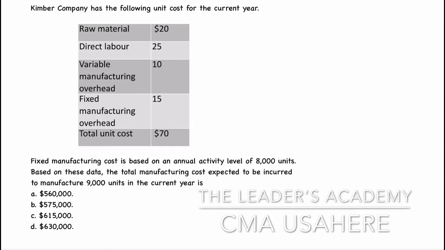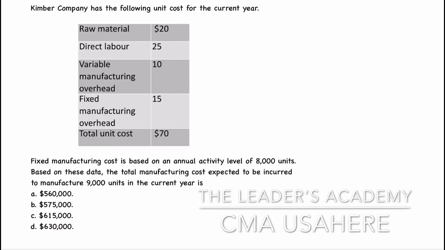Kimber Company has the following unit cost for the current year. Raw material $20, direct labor $25, variable manufacturing overhead $10, fixed manufacturing overhead $15, total unit cost $70. Fixed manufacturing cost is based on an annual activity level of 8,000 units.